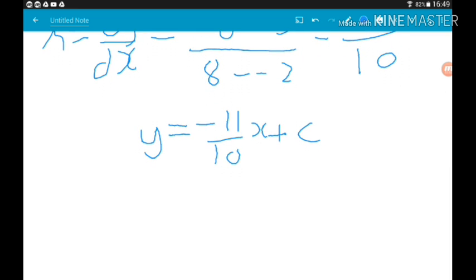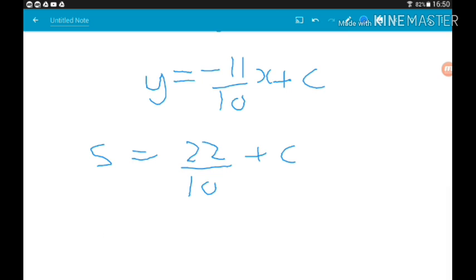So we get 5 equals -11 tenths times -2, which is positive 22 tenths, plus c.